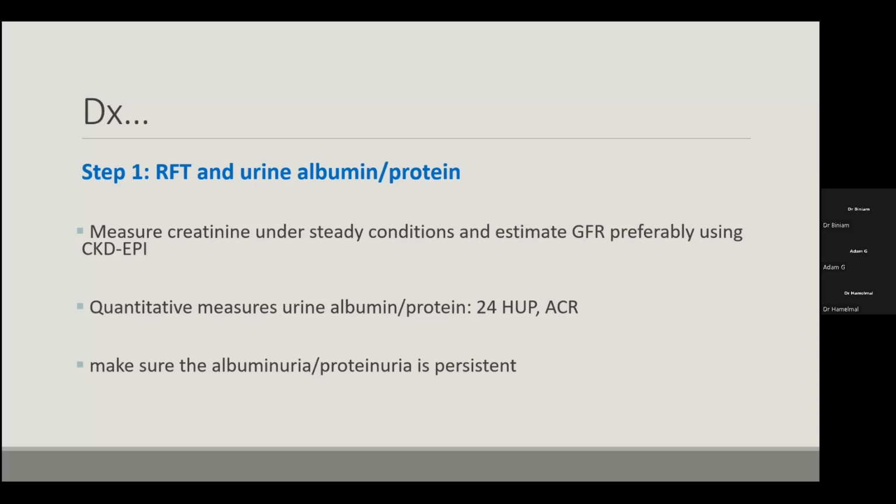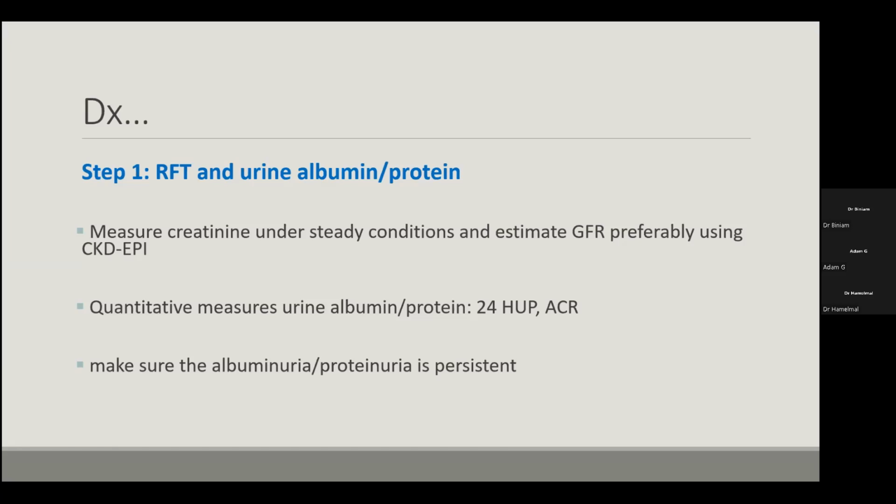Quantitative measures for albumin, of course, we are always talking about this, but in clinical practice, our rate of determination of 24-hour protein in patients with CKD is very low, but at least we have to determine it. The KDIGO recommends albumin as the best marker, and make sure albuminuria is persistent, lasting more than 3 months, because many conditions result in false proteinuria, like any form of physical exercise, infection, and acute stress.